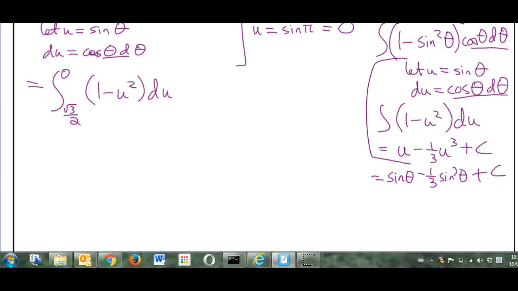So we do the integral, which we've done, which is u minus 1/3 u cubed. We don't need a plus C, because it's a definite integral and we're evaluating it.